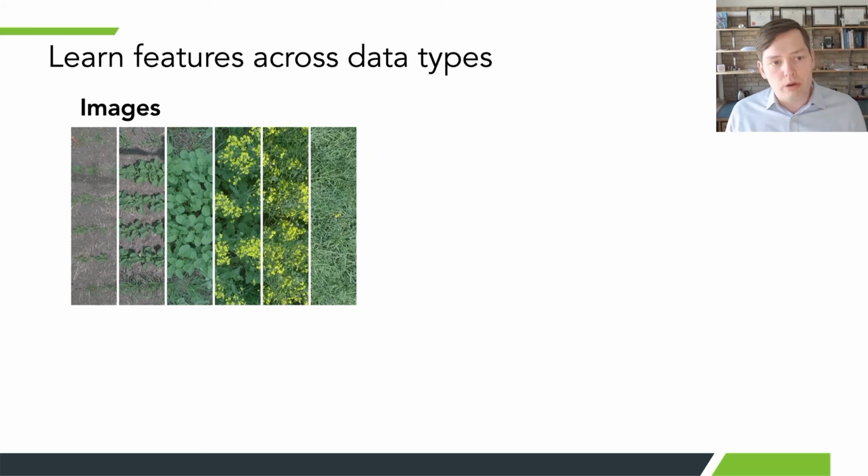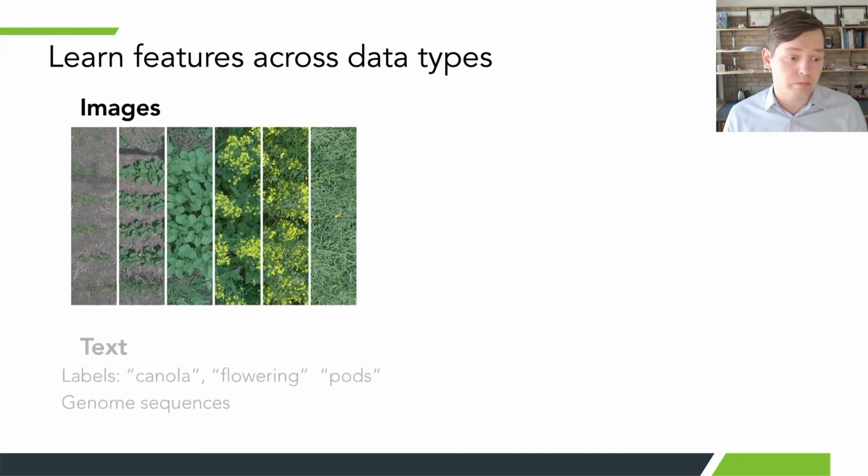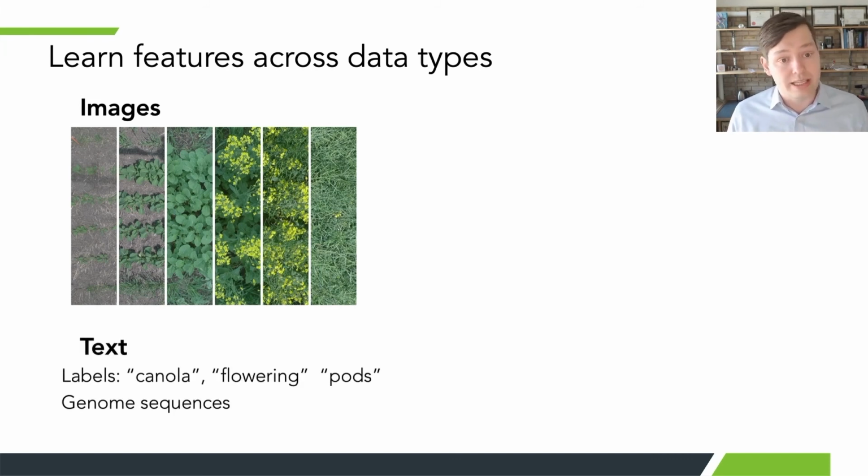The other important aspect of deep learning is that we can learn features across data types. The same or similar deep learning architectures can extract features and learn across images, and also across text-based data.